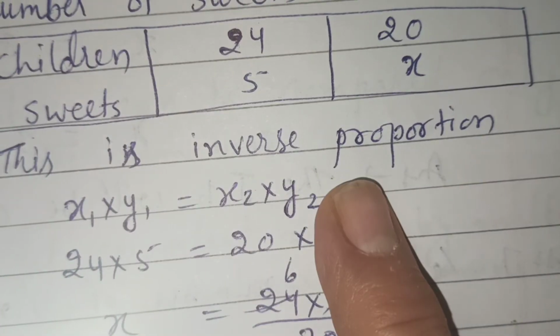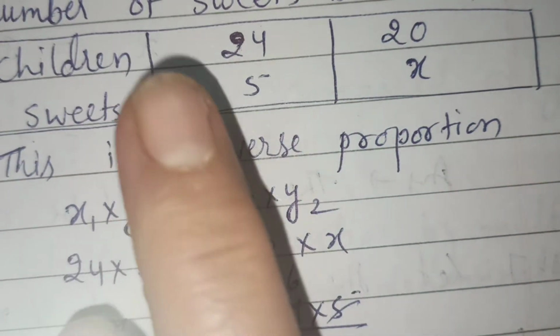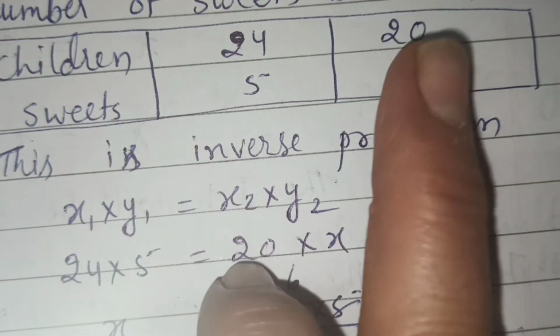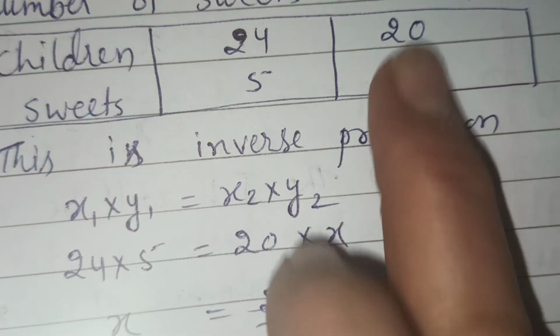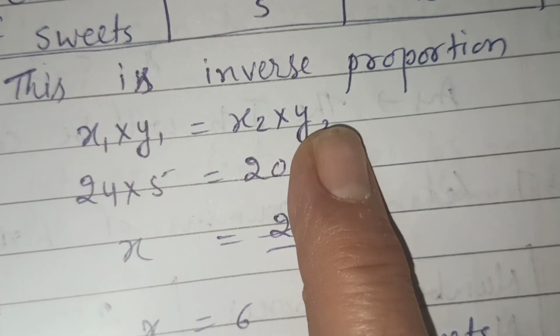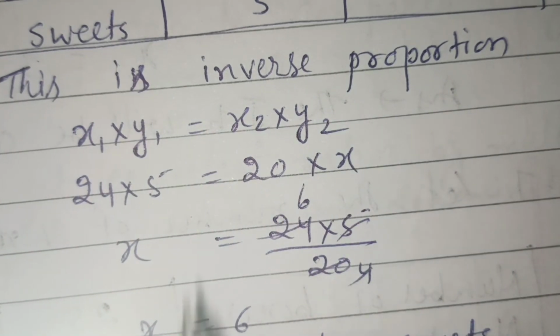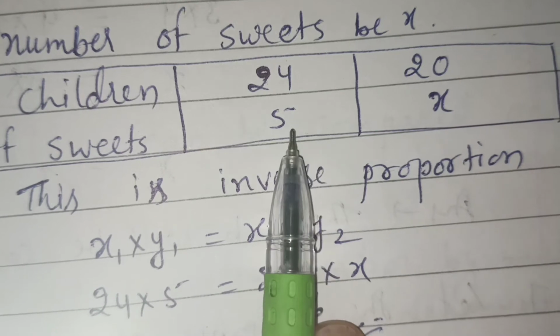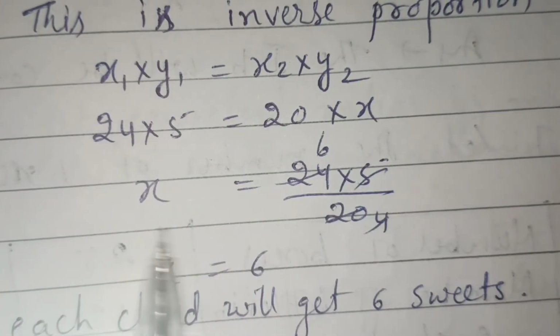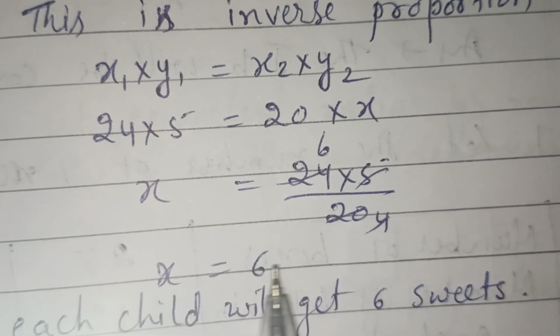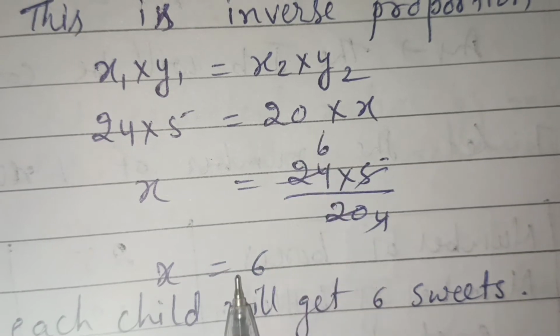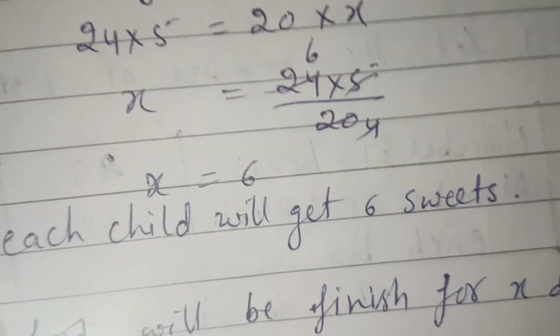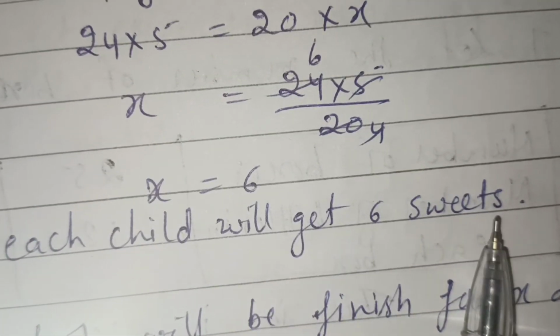This is inverse proportion. 24 children got 5 sweets, then 20 children will get more. The number is reduced from 24 to 20, so the sweets will increase, so it is inverse. We use this formula and we got the answer 6. Hence each child will get 6 sweets.